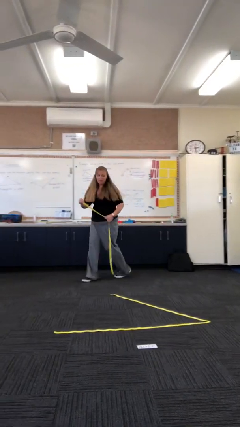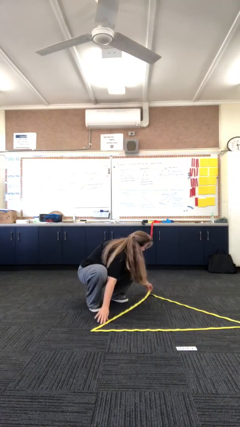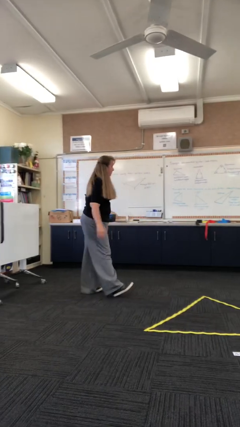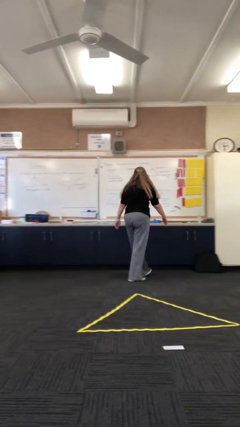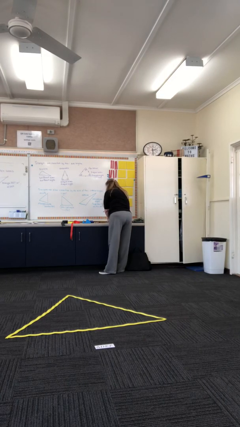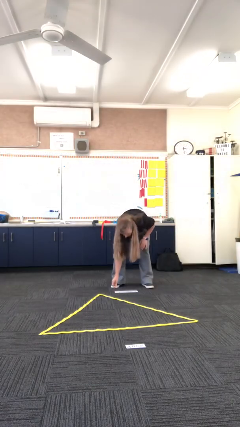So I've got my 3 equal sides, which means I have an equilateral triangle. Okay? So, an equilateral triangle. This is an equilateral triangle.